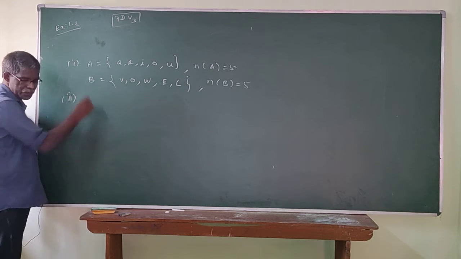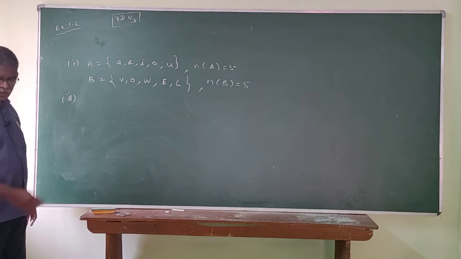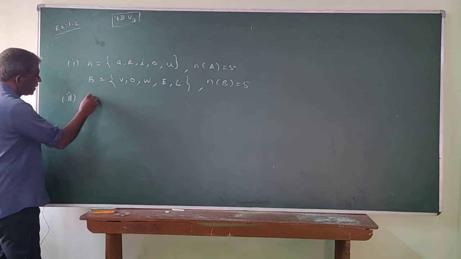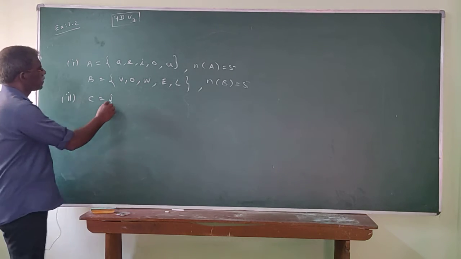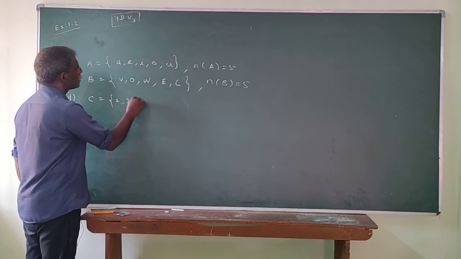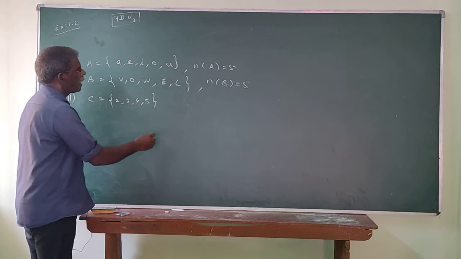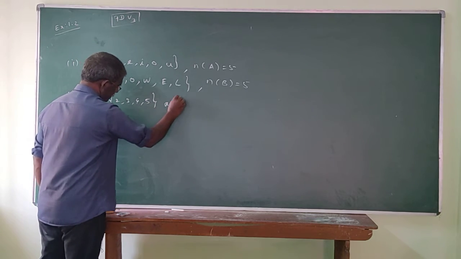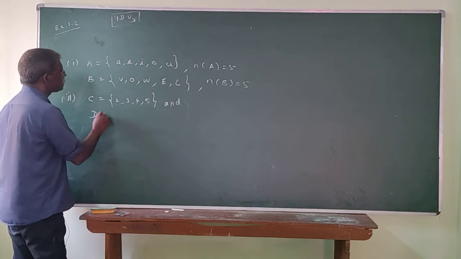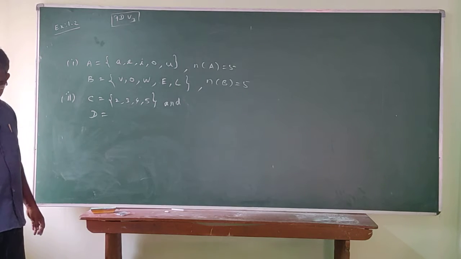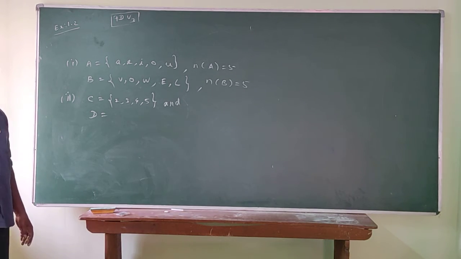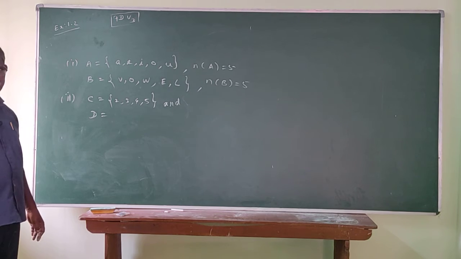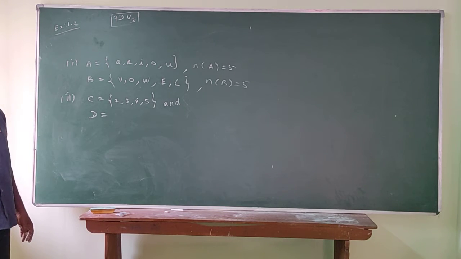Then question number 2. C is equal to {2, 3, 4, 5} and D is equal to {x such that x is an element of W and 1 less than x less than 5}.